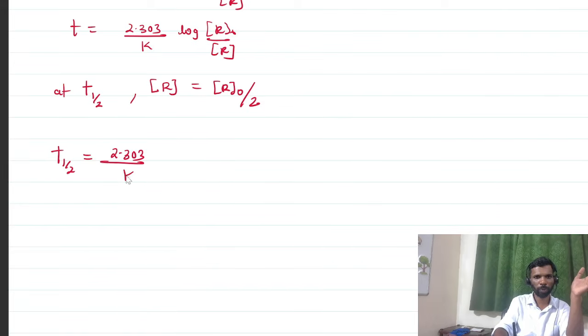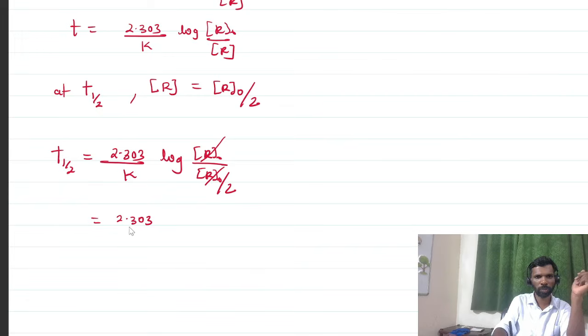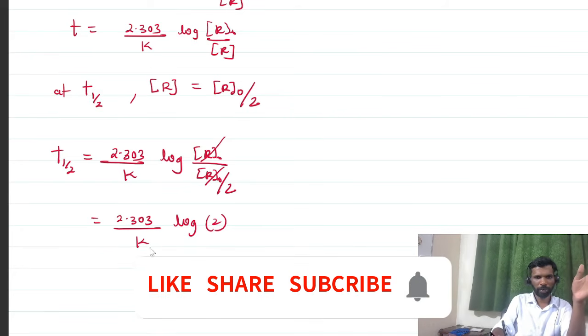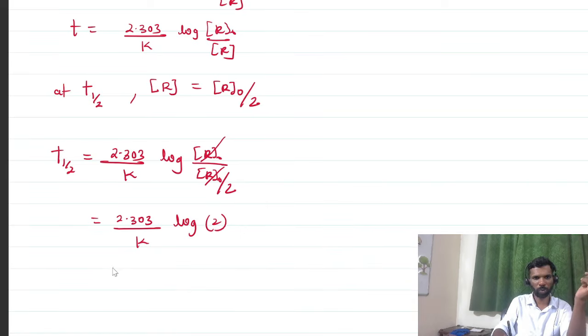Therefore, t half is equal to 2.303 upon K log of R0 divided by R0 by 2. R0 will get cancelled, and this will be 2.303 upon K times log of 2, since 1 by 2 in the denominator becomes 2 in the numerator.